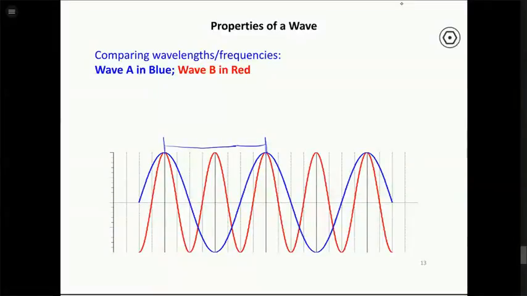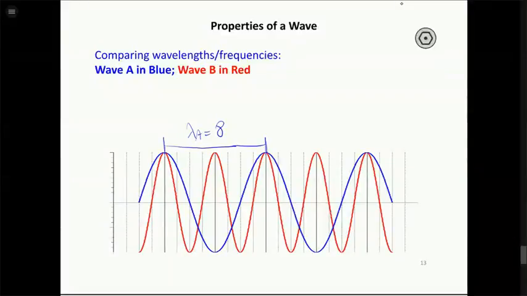So if we use these small divisions here, these small lines, which are a little bit faint, but you can see them, for lambda there's 1, 2, 3, 4, 5, 6, 7, 8. So there's 8 of these small divisions in between the two peaks for A. So the wavelength for A in whatever these arbitrary units are would be 8.